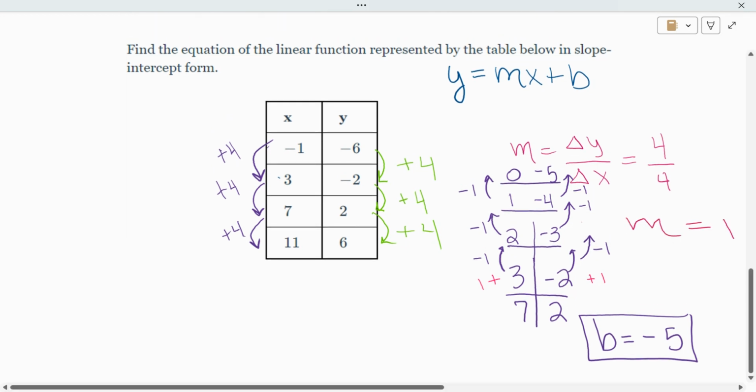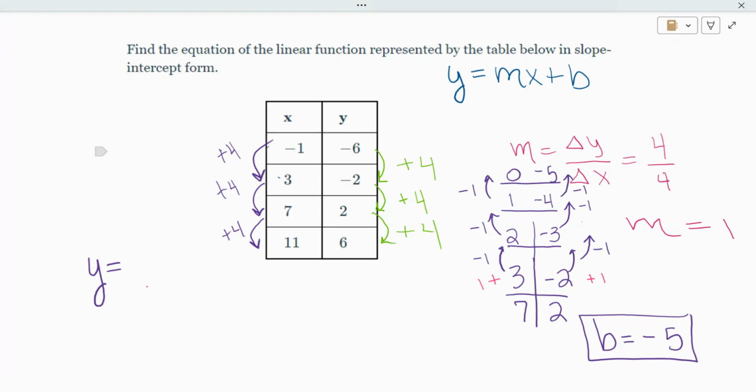So I know my slope. I know m is 1. And I know my y-intercept, b equals -5. Equation. Elisha, what's the equation? So m is the number that gets attached to your x. What's m?